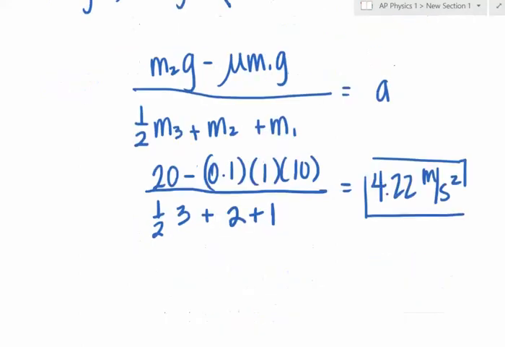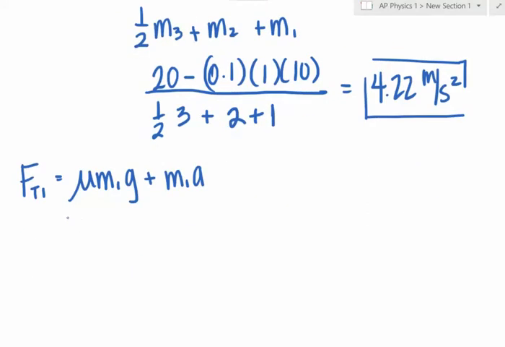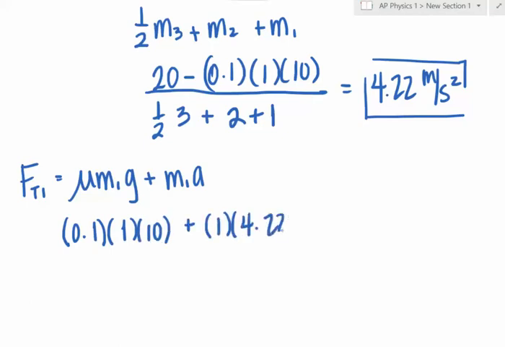Okay. Now let's go back and find the tension forces. So FT1 would be mu m1g plus m1a. So that would be 0.1 times 1 times 10 plus 1 times 4.22, which should be 5.22 newtons.